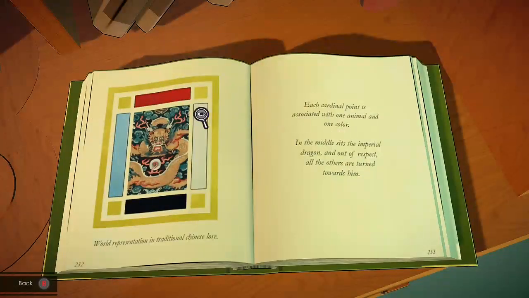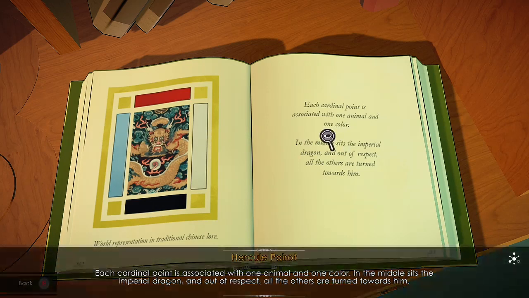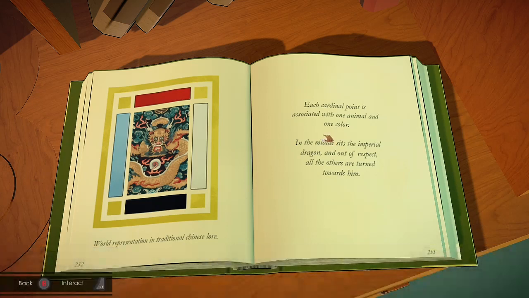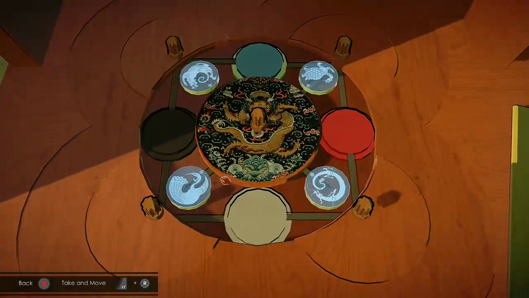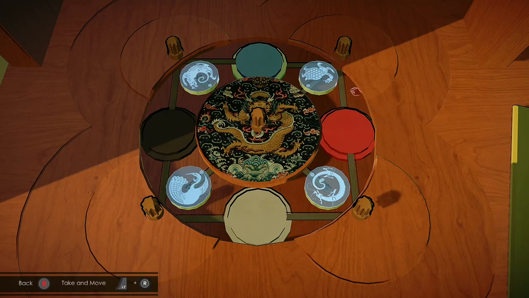Right, I gotta look at this. Oh, so red at the top, blue is on the left. Each cardinal point. So red, blue, black, and whatever colour that is. So red is up top.